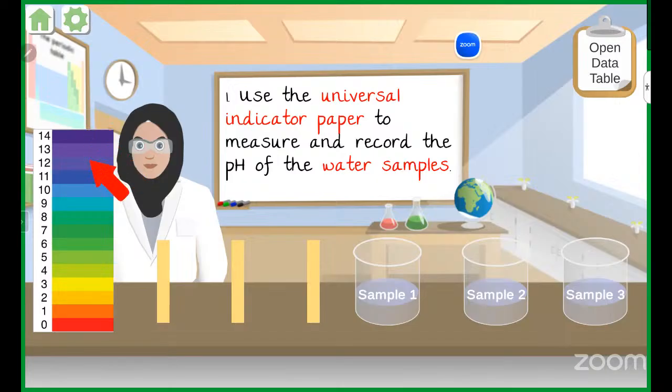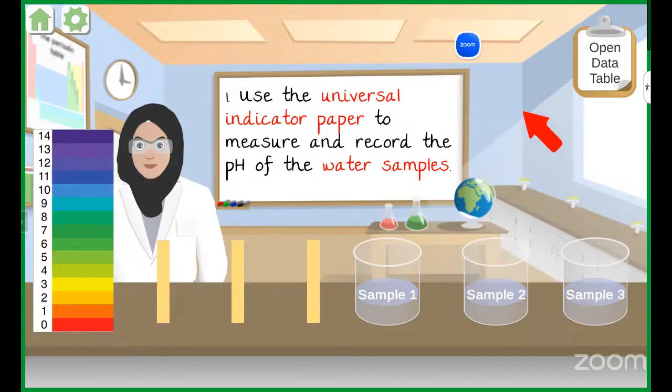Now here we have pH, and pH is a function of different colors. When the pH is 14, we see what the color looks like, and when it is 0, we have another color, and other numbers.